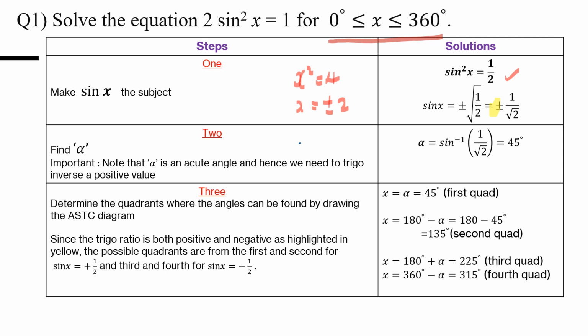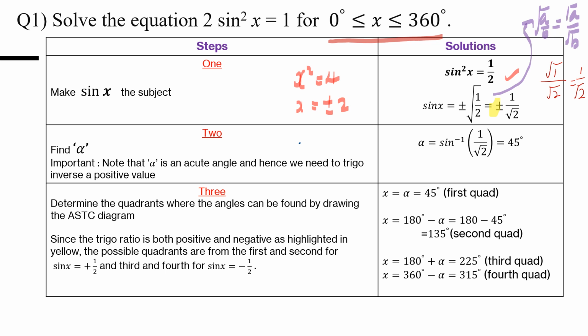And this one here, if you apply the third rule, where if you have square root a over b, you can simplify it into square root a over square root b. So in this case, you can simplify it into square root 1 over square root 2. And of course, square root 1 is 1, so you get 1 over square root 2. So that is the first step.